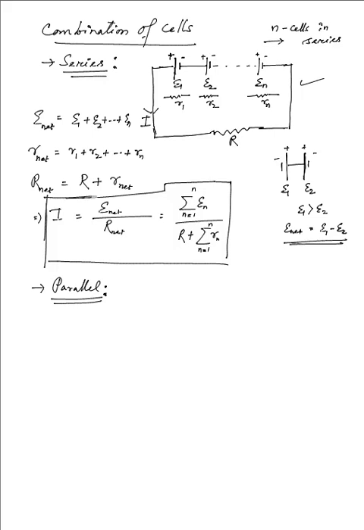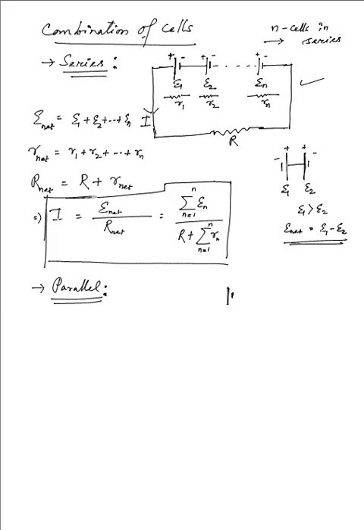In this case, the exception is that although the cells considered over the series combination had different EMFs and internal resistances, here we are to consider cells with the same EMF and the same internal resistance throughout in case of parallel combination, which is obviously the common end connection.